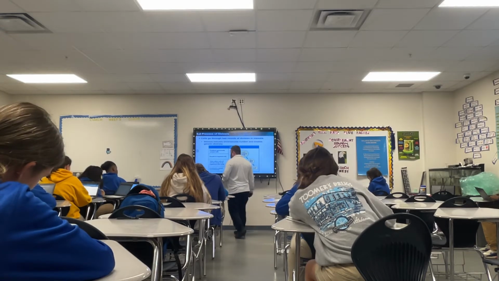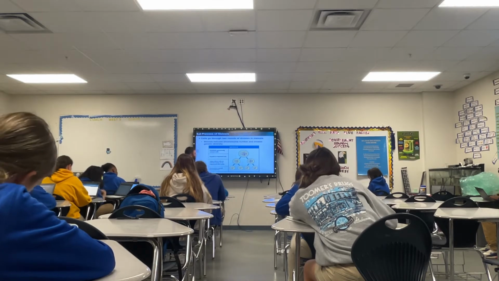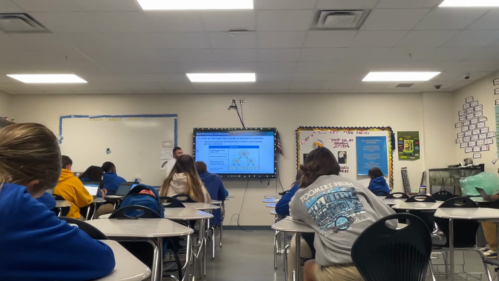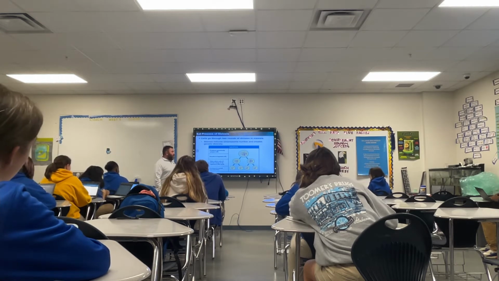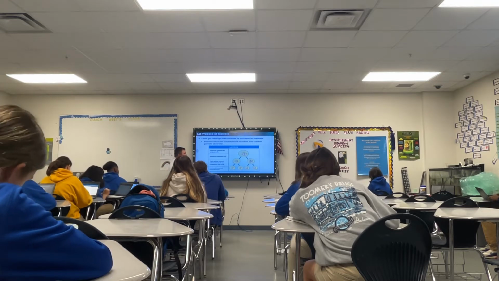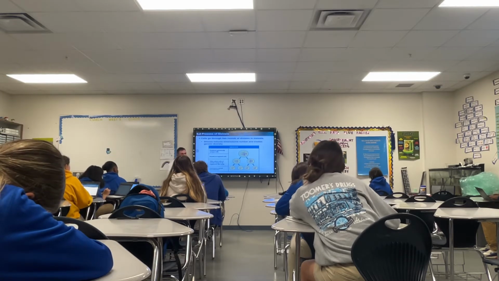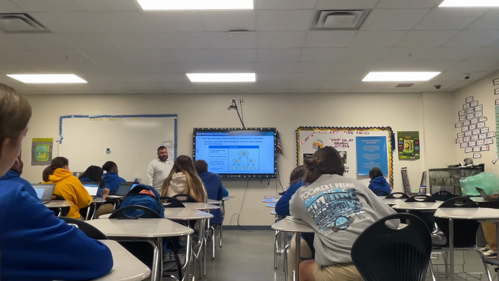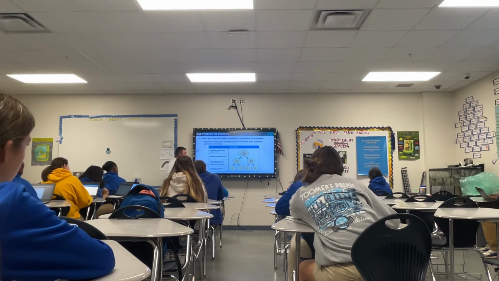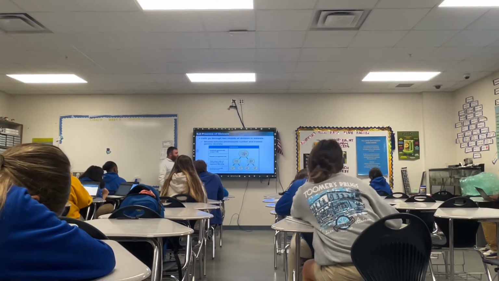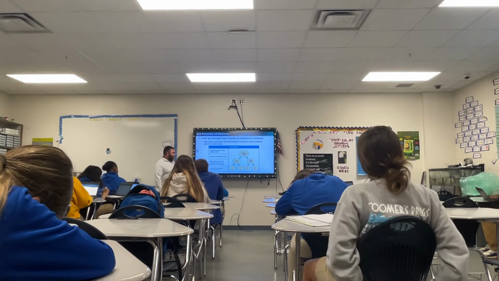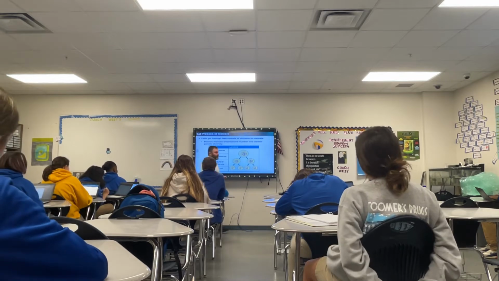Here we have this little graph. Whereas mitosis is going to produce two identical daughter cells, meiosis is going to produce genetically unique cells, which are sex cells. It results in haploid cells. It takes place at certain times in an organism's life cycle, and it is involved in sexual reproduction.